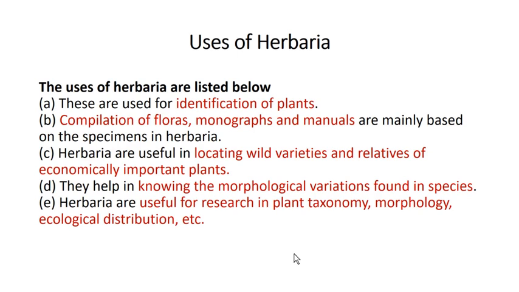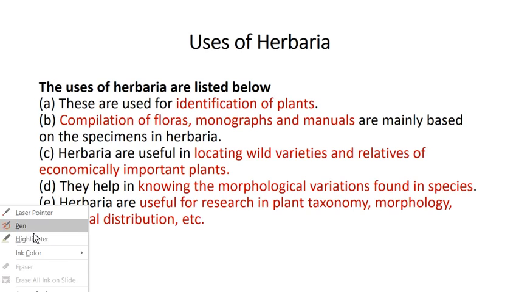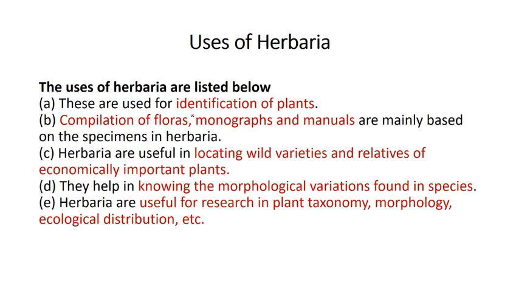So what are the uses of herbaria? Why do we use the herbarium? The uses of herbaria are listed below. These herbaria are used for the identification of plants. They are used in the compilation of floras, monographs and manuals, which are mainly based on the specimens in the herbaria.